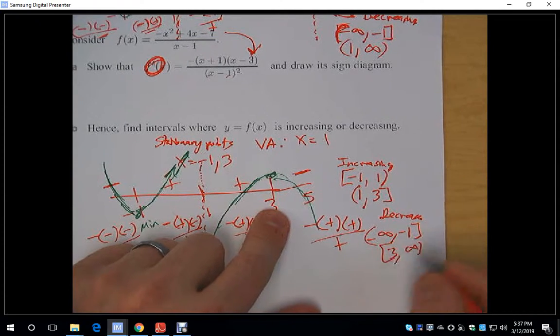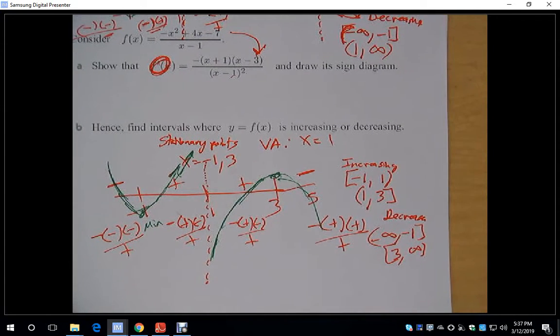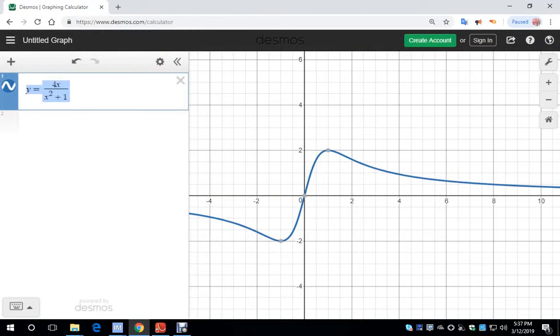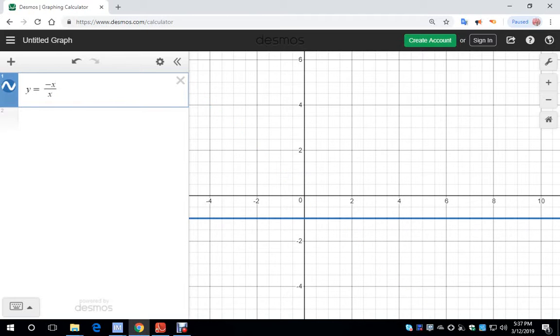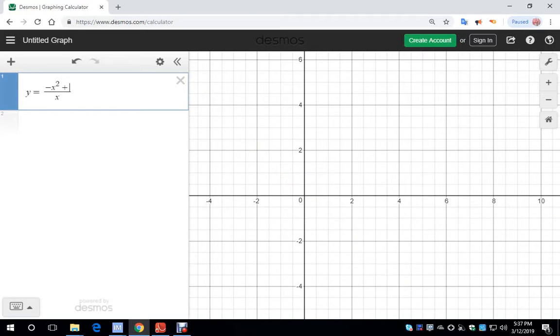So let's go ahead and throw this into our calculator and see what this looks like. So y equals, it's rational, so I have -x squared plus 4x minus 7 all over x minus 1.